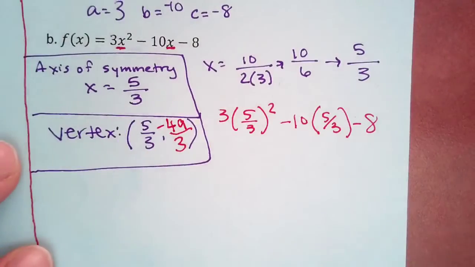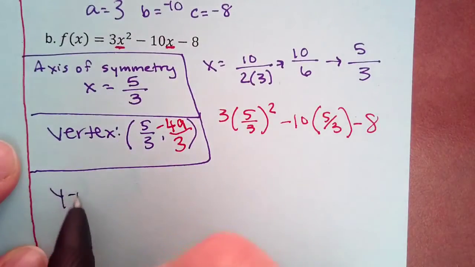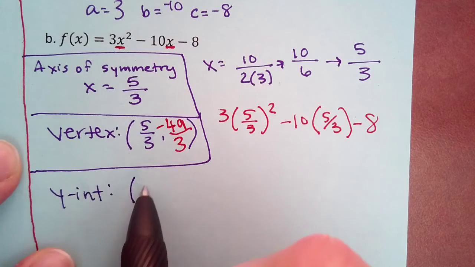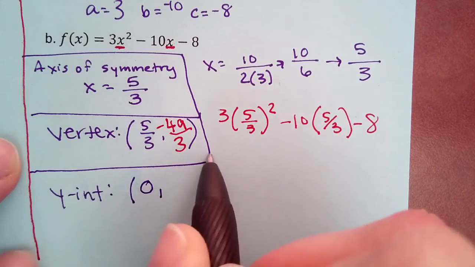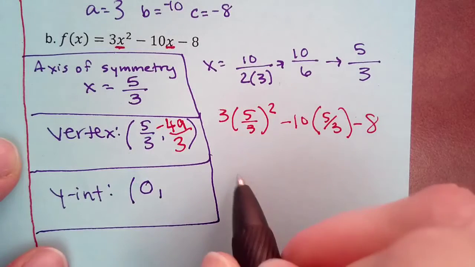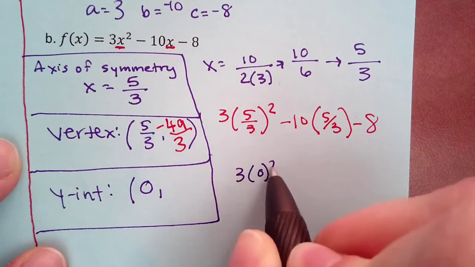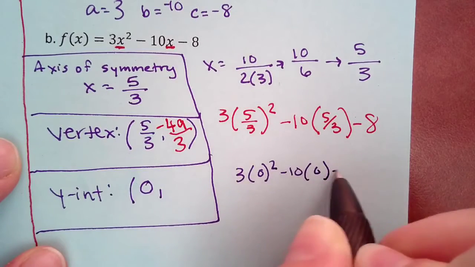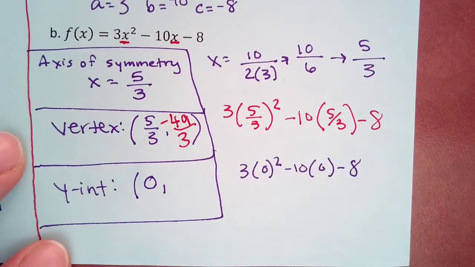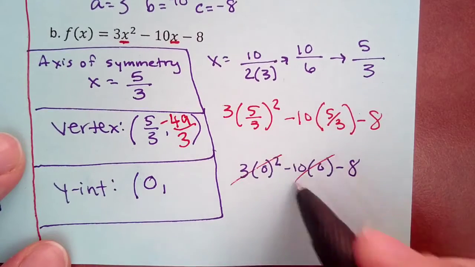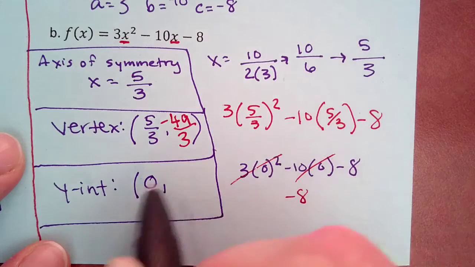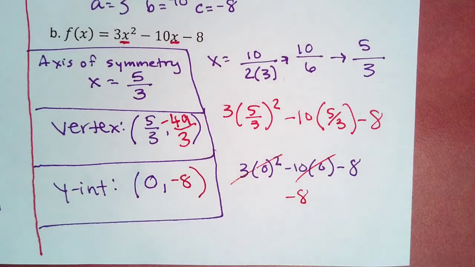Our last piece is finding the y-intercept. I know it will be 0, comma, something. So if I plug in 0, it's 3 times 0 squared minus 10 times 0 minus 8. It'd be negative 8 because these cancel, it's minus 8, which is negative 8. Questions?